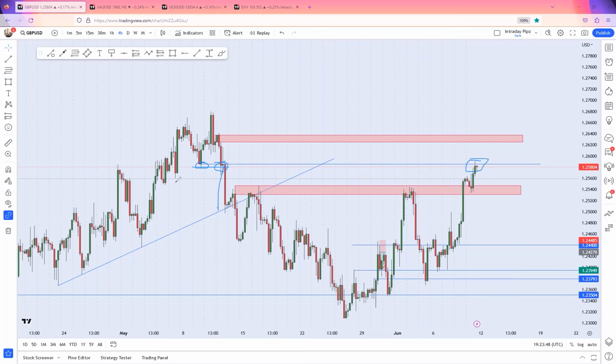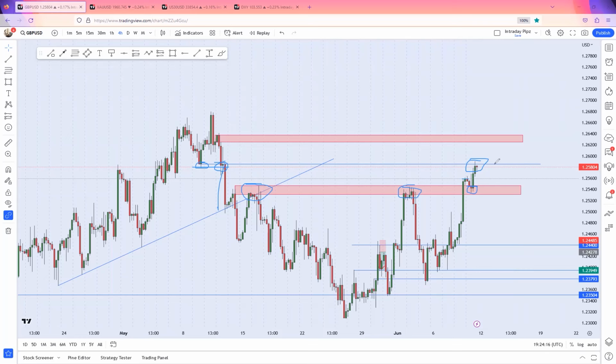If you also look at this area, there was a point of reference which price did trade into, and rejected. Price then broke above that zone on Thursday, and we saw a retest of that broken structure. Price is now trading within this retest.